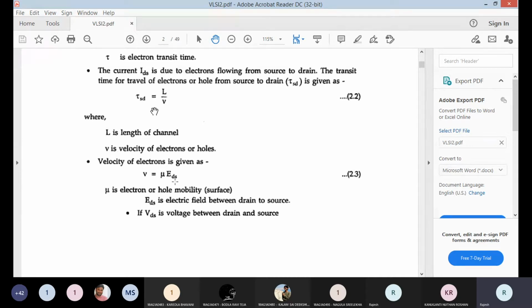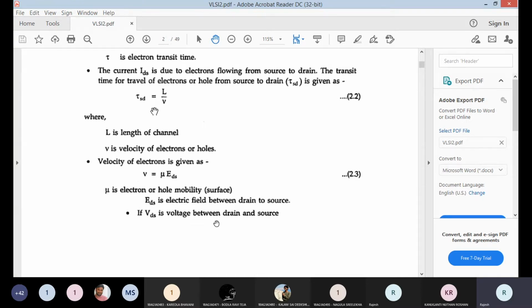So there is an electric field existing from drain to source. So velocity of electrons is V equal to mu into EDS. Mu can be electron or hole mobility. So this is written in general for both NMOS and PMOS devices. If it is electron mobility, you write mu n. If it is hole mobility, you write mu p. And EDS is the electric field between drain and source.